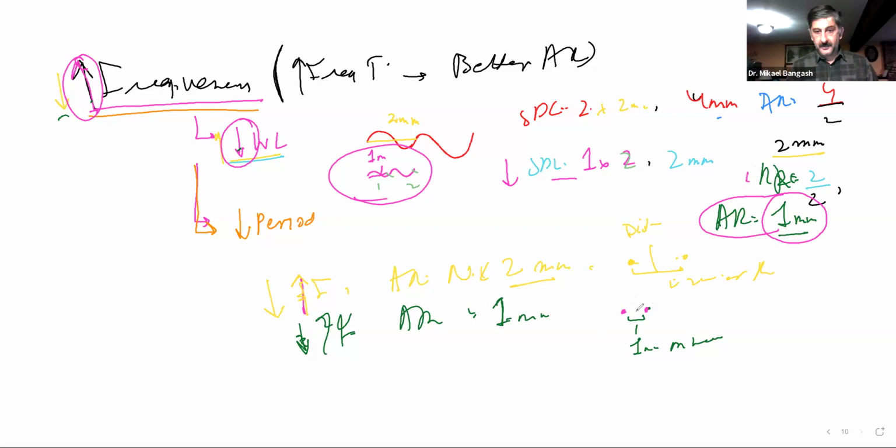Here the minimum distance has to be 1 millimeter. If it was less than 1 millimeter, let's say 0.5 millimeter, then these two structures would not have been distinctly displayed. Then it would be a poor axial resolution, because the numerical value of your axial resolution was greater than the distance between the two structures, one shallow, one deep.